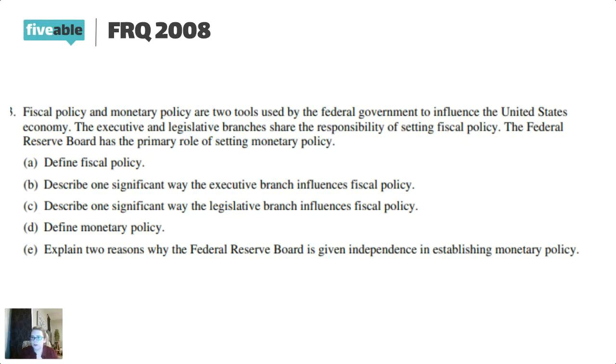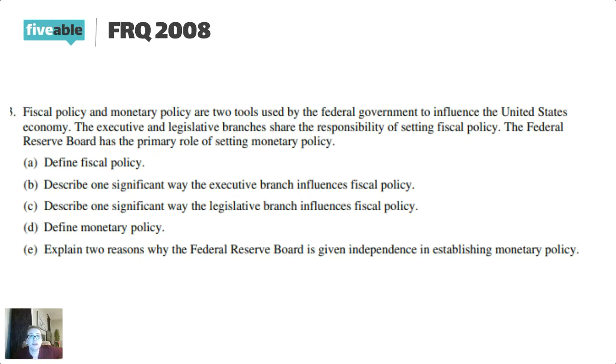So, good. The executive branch can push their ideas onto Congress when making the budget plan. They can also sign, or he can sign, the budget into existence. Good, very good. Point.